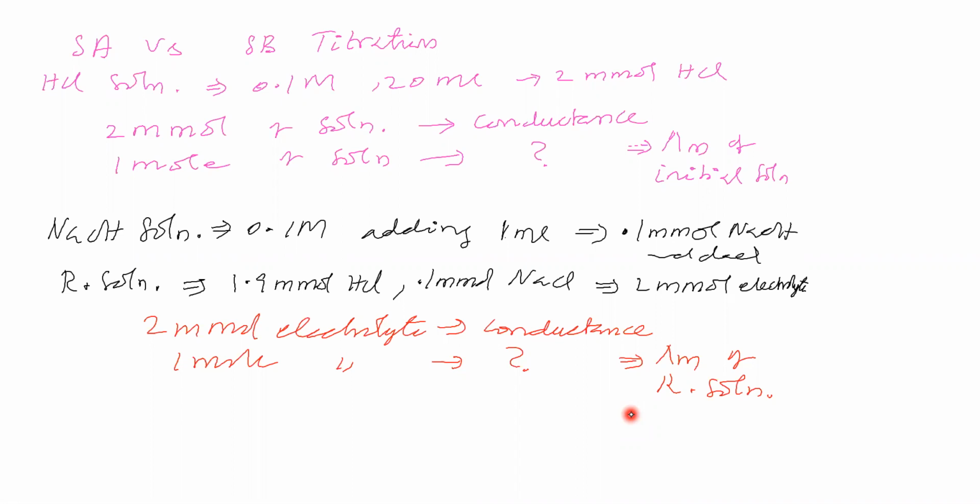Due to addition of sodium hydroxide solution, H+ is replaced by Na+. So H+ ions are getting reduced and Na+ ions are getting increased. Therefore, lambda m decreases. It is a conclusive statement. Do you all agree with this? Okay, so the conclusion we are getting is that lambda m decreases.